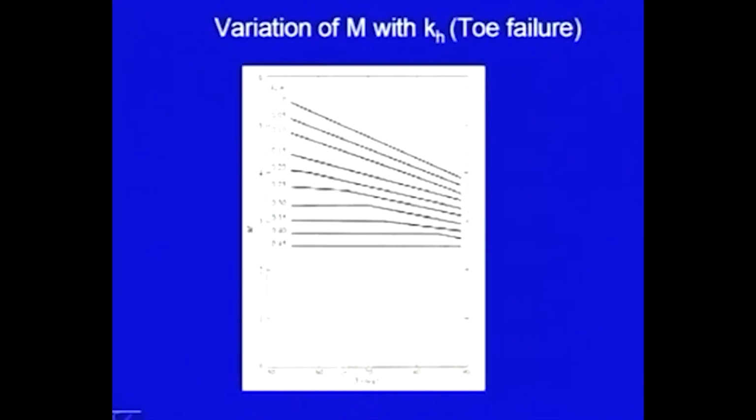So, here on the x axis it is beta and on y axis it is m, and these are the curves for different kh. Obviously there is no parameter d for toe failure. So, for any kh value and corresponding beta value, you can find out m and then you can do the analysis.